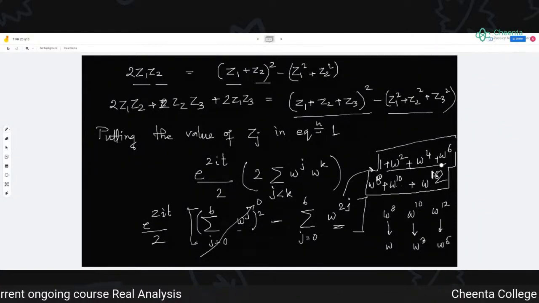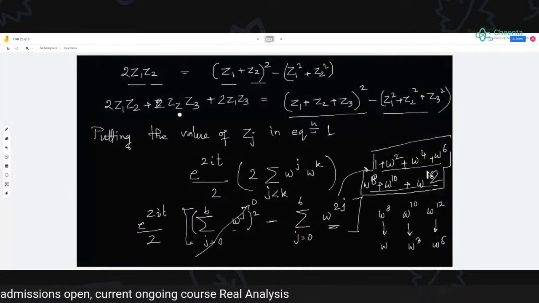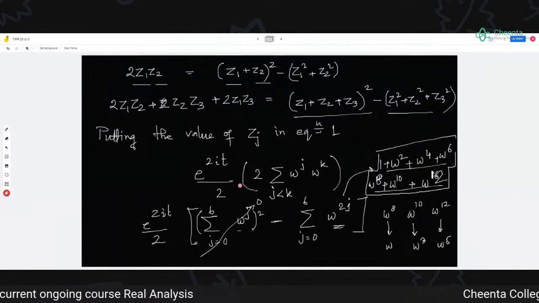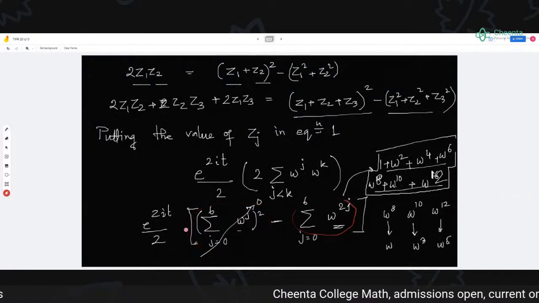So as you can see, this entire summation is nothing but also summation over omega to the power j, j equals 0 to 6, and hence this goes to 0 as well. Thus, both parts of this summation go to 0 individually, hence the entire sum is 0.